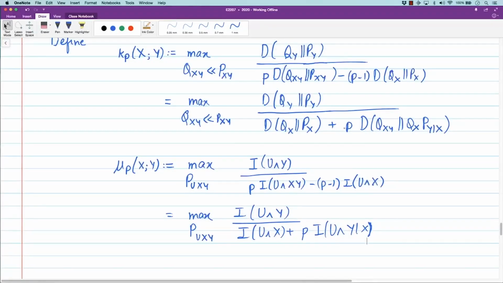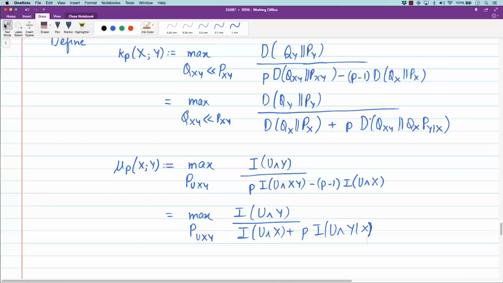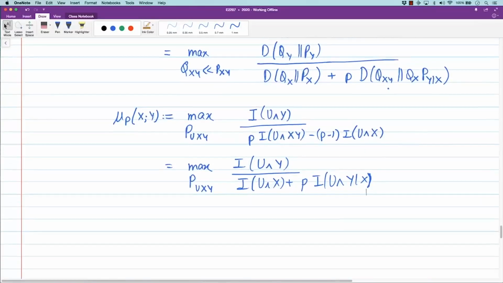This is just a rough argument: if this term is positive, then as p goes to infinity, this goes to 0, and therefore the only way that you can have something more than 0 is when this also remains 0 as p goes to infinity, and that means that you want P_{Y|X} to be the same as Q_{Y|X}.